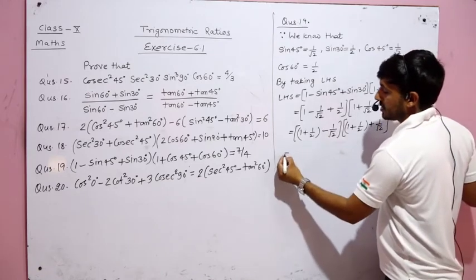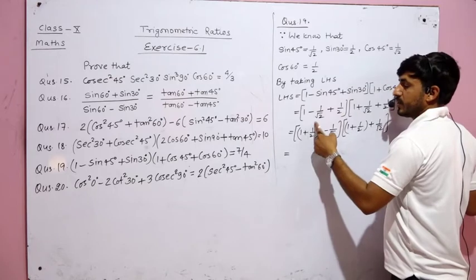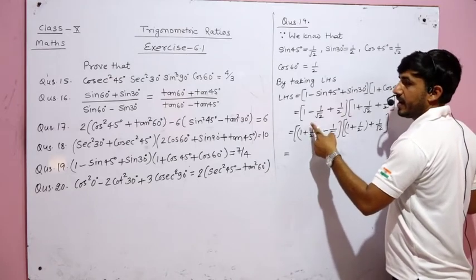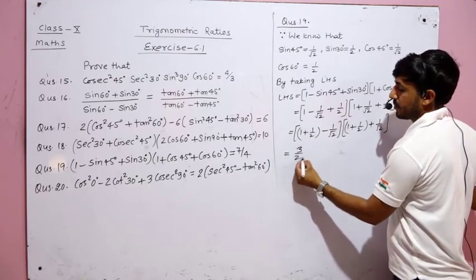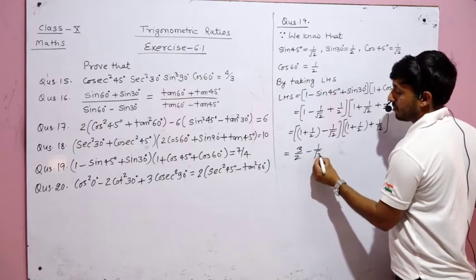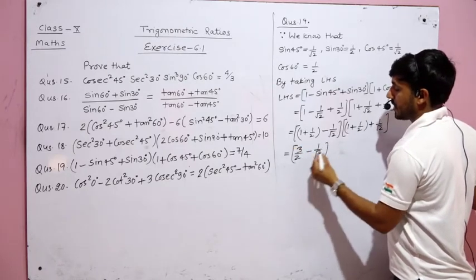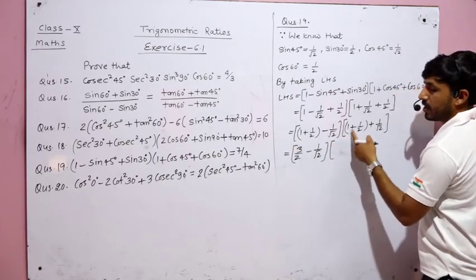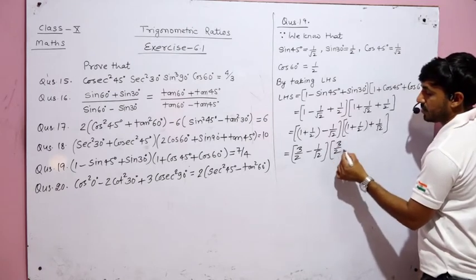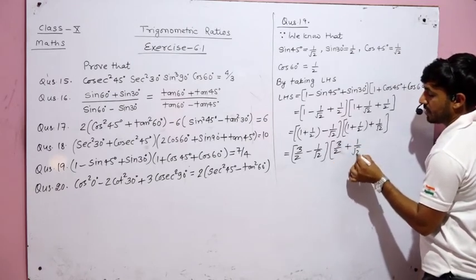In the next step we can write 1 plus 1 by 2. It means 1 and a half, that is equal to 3 by 2, minus 1 by root 2, multiplied by 1 plus half, that is equal to 3 by 2, plus 1 by root 2.